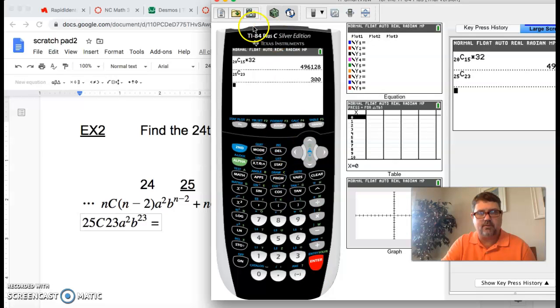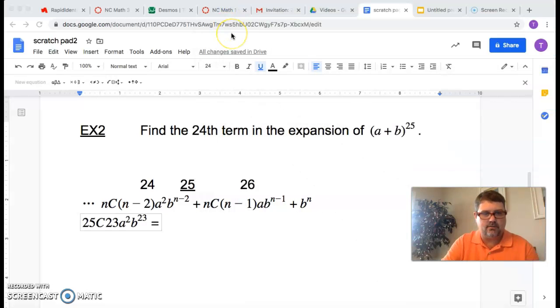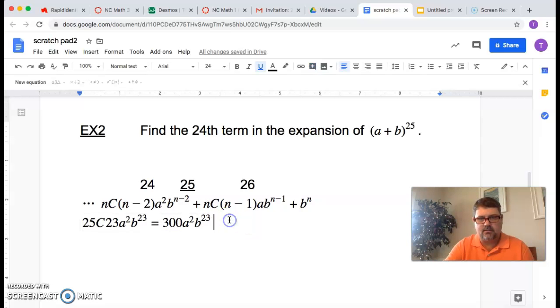And that gives me 300. Okay, so the coefficient there is 300. So that's going to give me our answer.